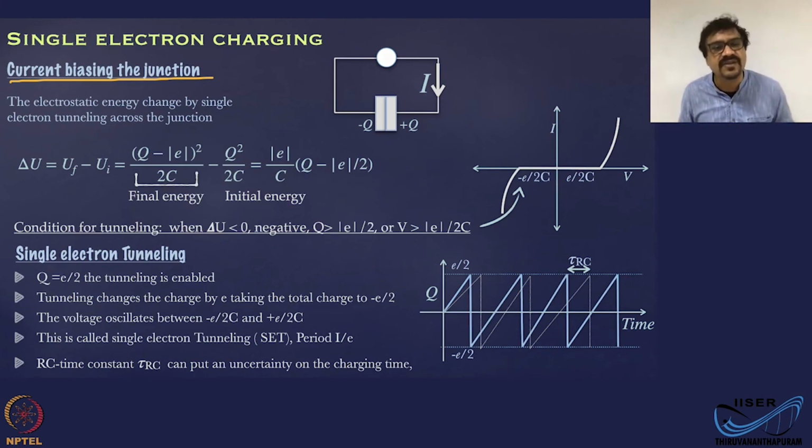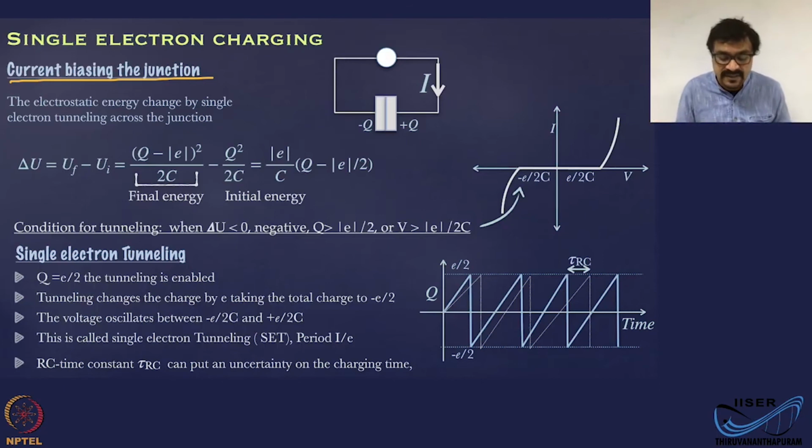Now, the electrostatic energy change because of the charging and discharging process, delta U, is the final energy minus the initial energy. So assume that you are adding an extra electron, that is the charging process.